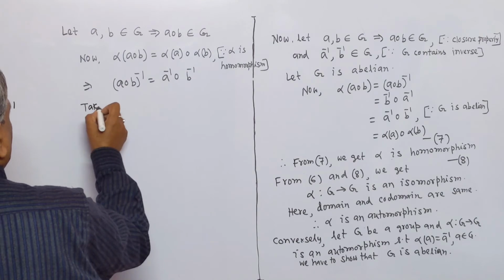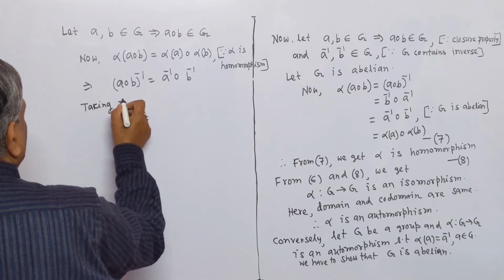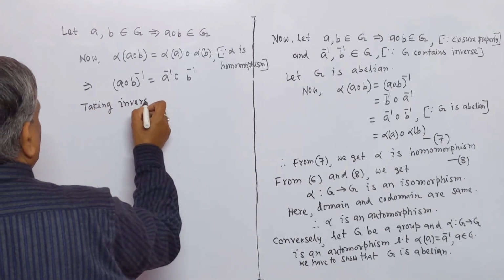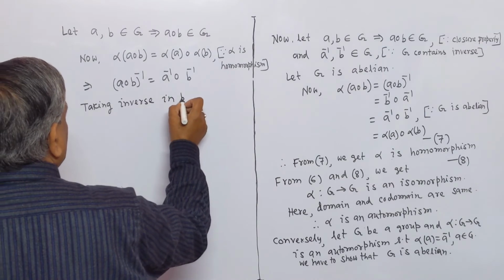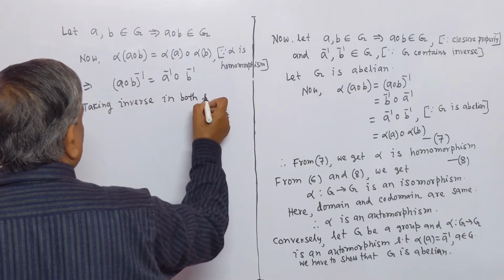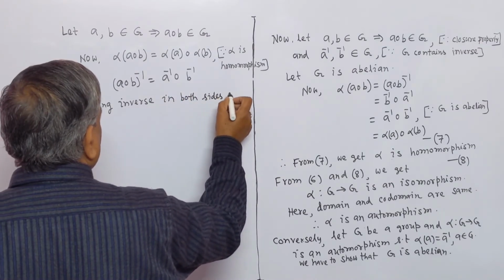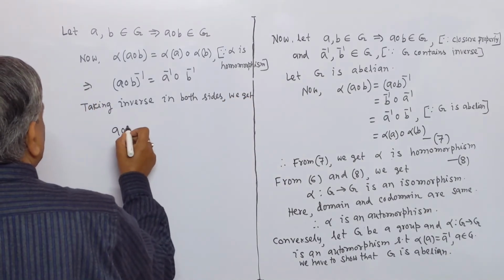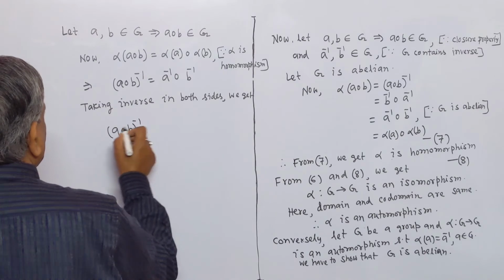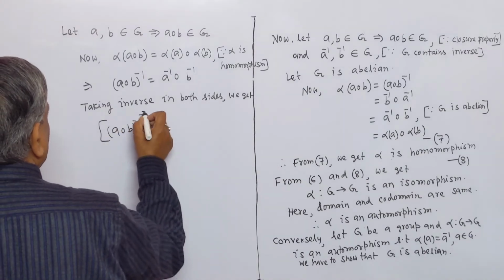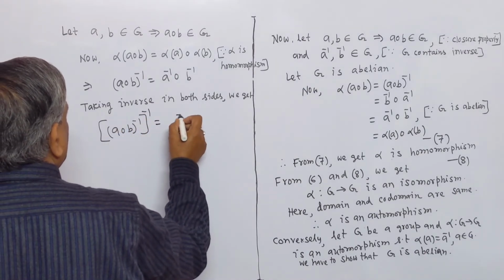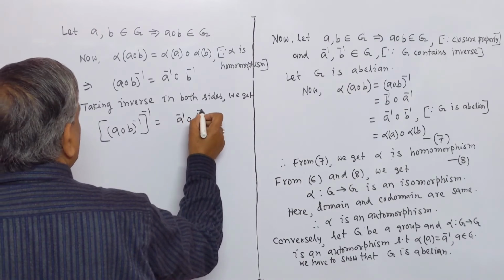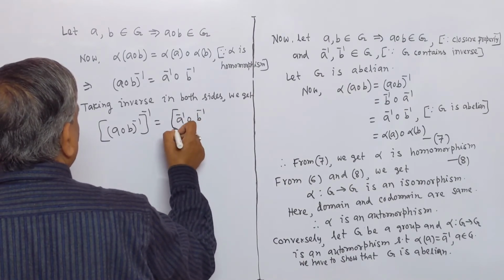Taking inverse on both sides, we get A operation B inverse whole inverse equal to A inverse operation B inverse whole inverse.